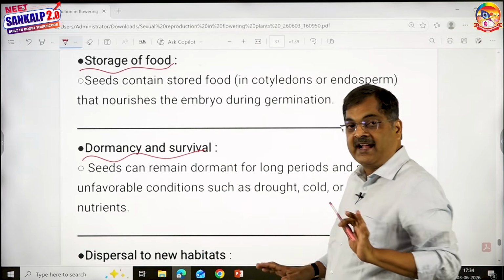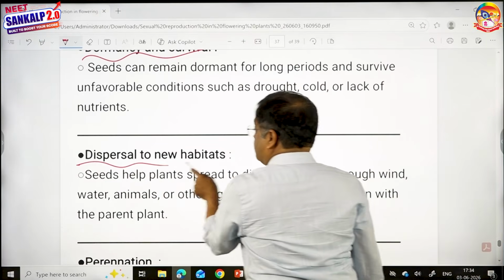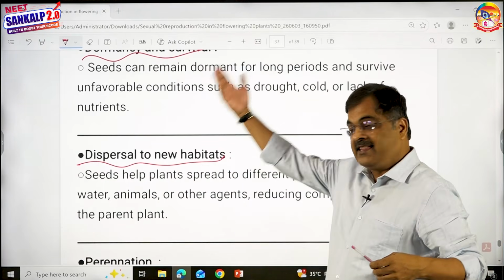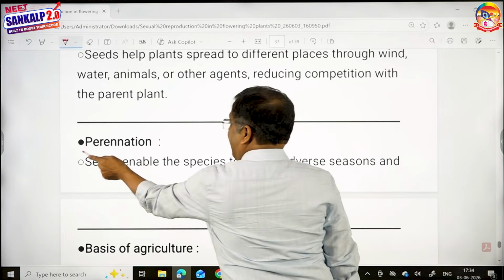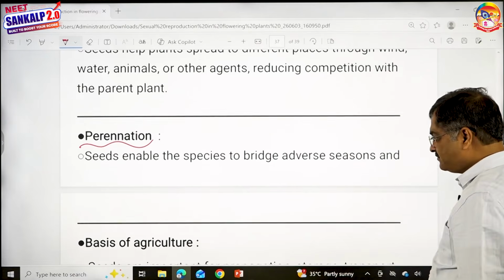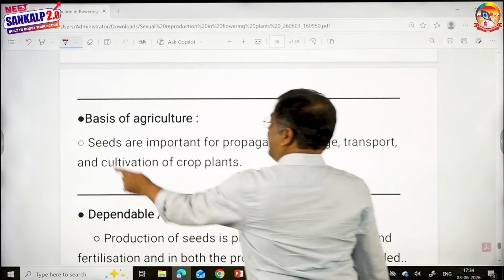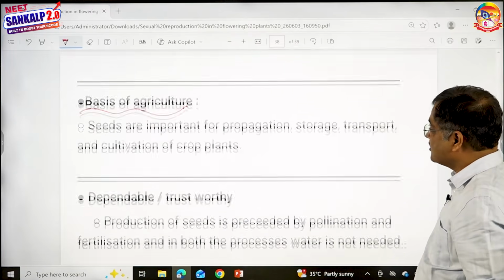It can sleep when the conditions are not favorable. And it can be dispersed to far off places. You can just throw them or carry them to far off places. And it is able to survive adverse conditions, just like underground stems, perennation. They form the basis for agriculture because they're important for propagation, storage, transport.